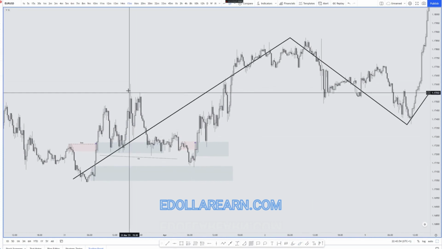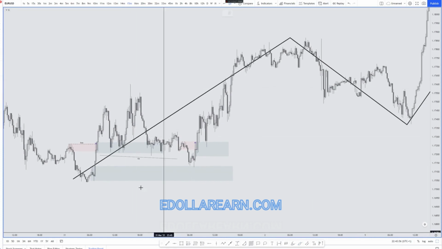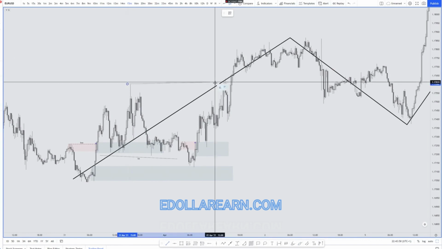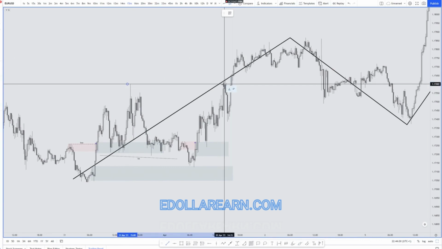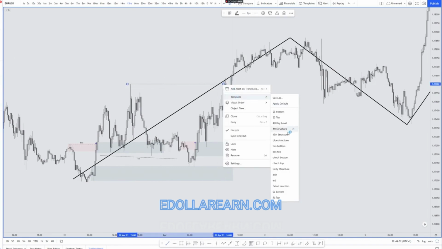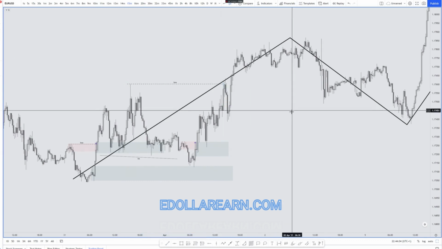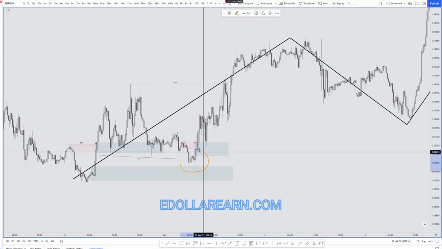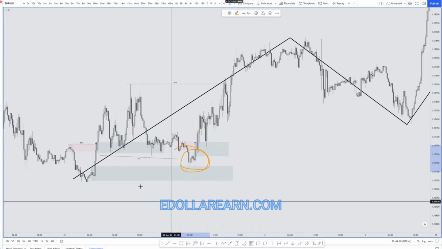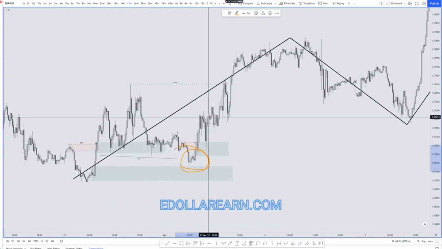So my expectation is, as this high is taken, we are going to continue on up. At the same time, my expectation is this low will not get taken if this trend is to continue.